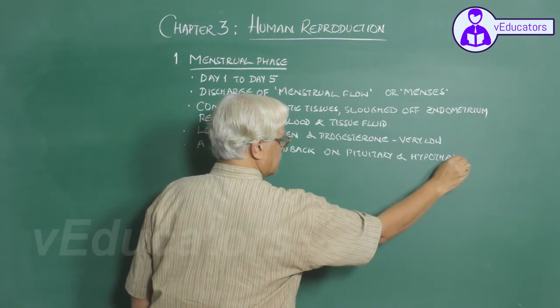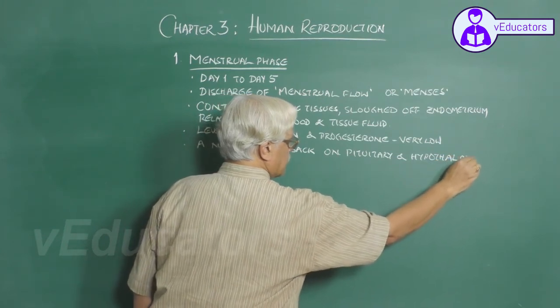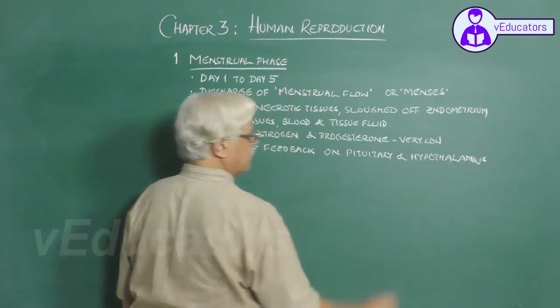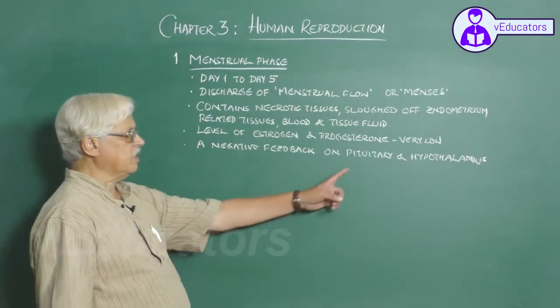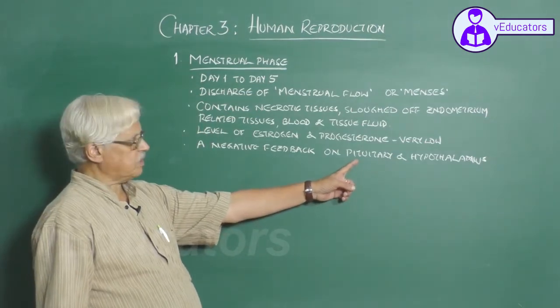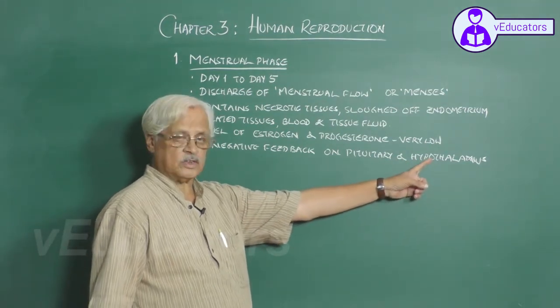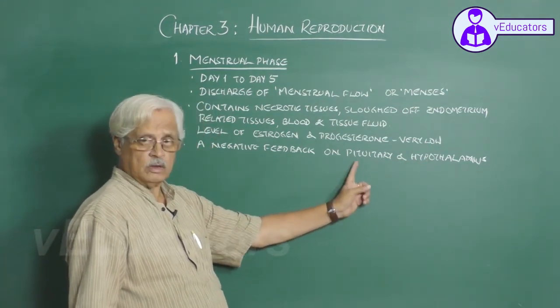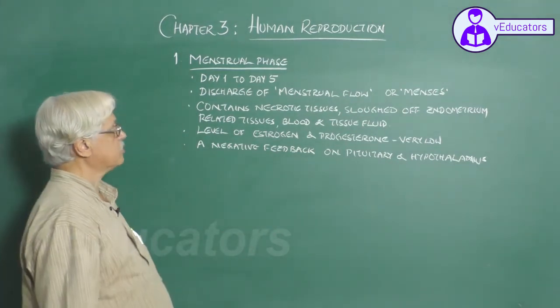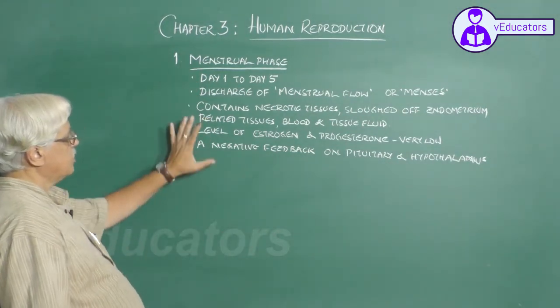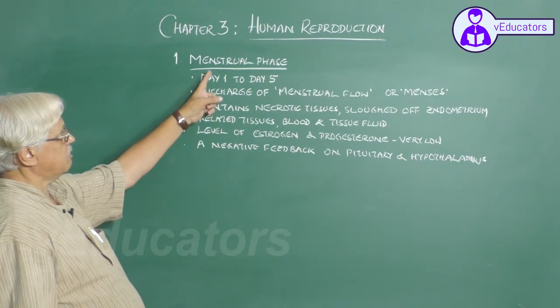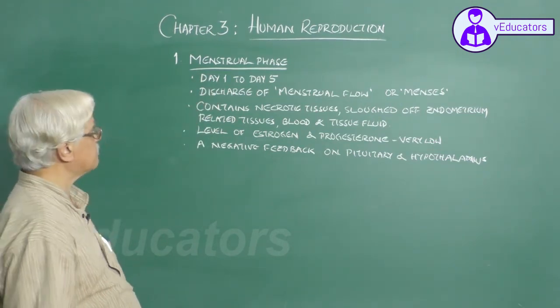As we have discussed earlier, this negative feedback is for the release of FSH and then LH, for which hypothalamus has to release the concerned releasing hormones. So these are the events associated with the menstrual phase.